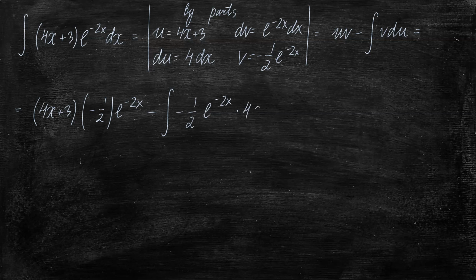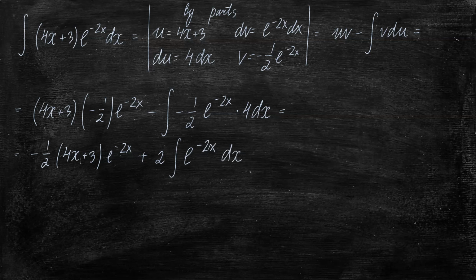du, which is 4 dx. And I'm just going to simplify it a little, maybe rearrange some coefficients, and take the 4 and negative 1/2 out, so it's going to be plus 2 times the integral of e to the negative 2x dx. But we literally just computed this integral earlier, so we know exactly what that answer would be.